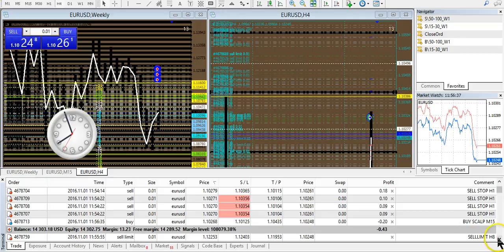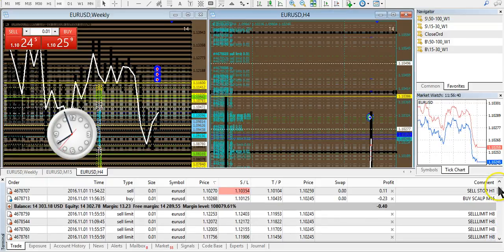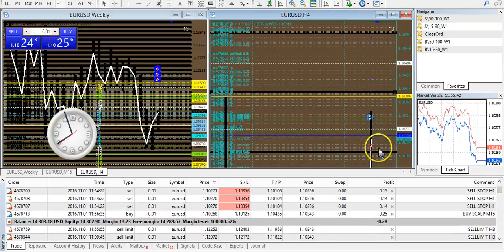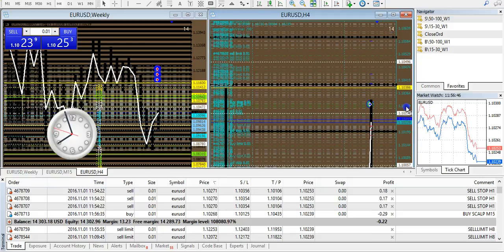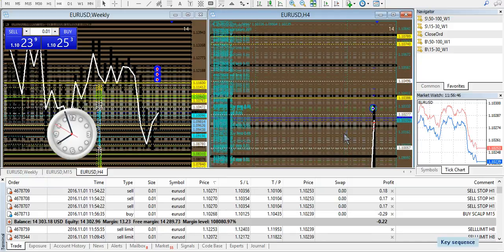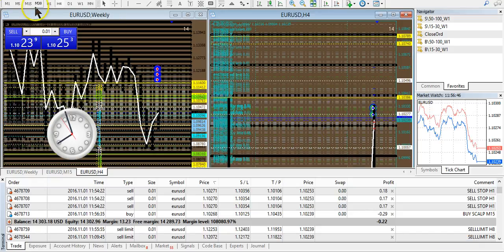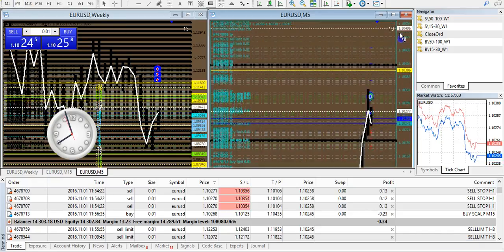Oh, see, my sells are making money. So I'm up on my sells. And now I'm going to put in the buy stops. Vicious pullback there on that.